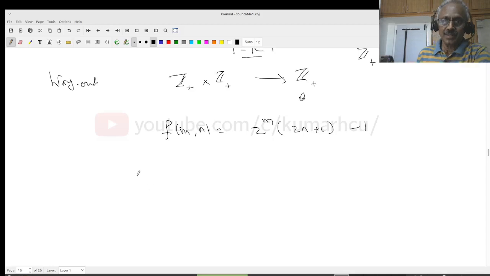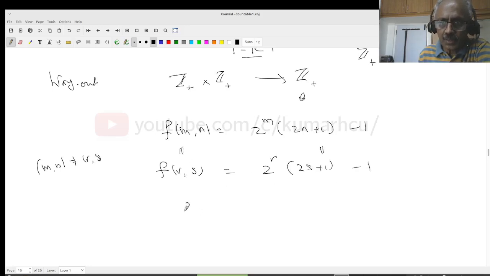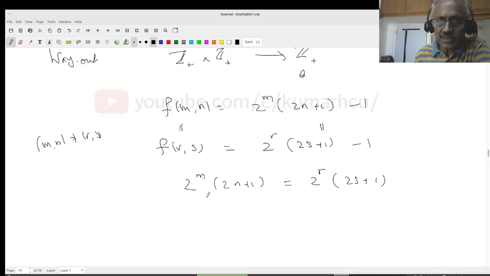Let us see. Is it one-to-one? Suppose I take f(r, s), and let us assume (m, n) is not equal to (r, s). Then I want to say these are not equal: 2 to the power r into (2s plus 1) minus 1. If they are equal, that means 2 to the power m into (2n plus 1) must be 2 to the power r into (2s plus 1). Now notice that this representation of any number is unique.